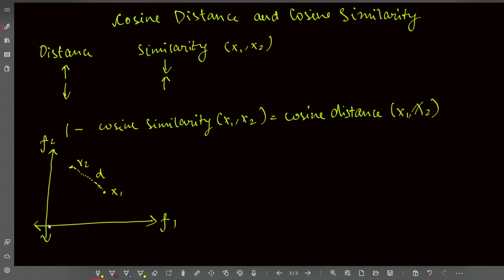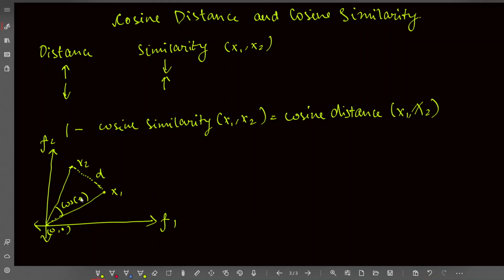The cosine distance is different. This is the origin, the point 0 comma 0. So the cosine distance between x1 and x2, sorry, this is not the cosine distance, it's the cosine similarity. The cosine similarity between the points x1 and x2 is given by the cos of the angle between them.